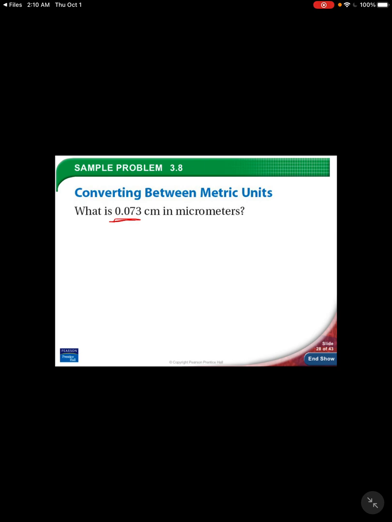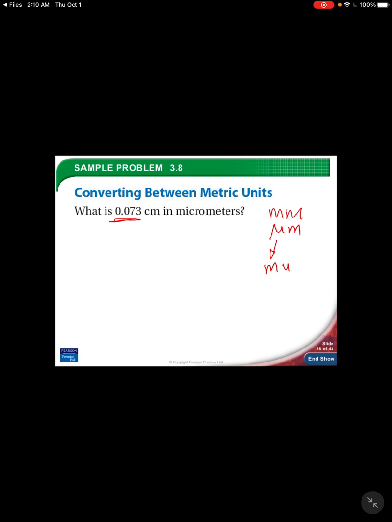And remember, for micrometers, our prefix is micro, so we can't call those mm's because those are millimeters or 1,000th of a meter. We use the Greek letter mu for micro. So this is the Greek letter mu. You might also call it mu.